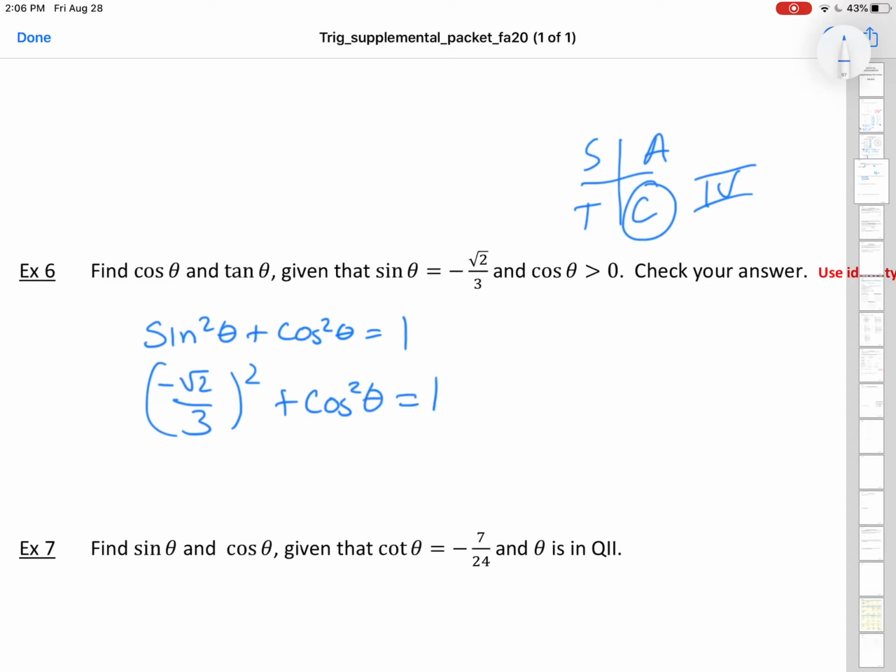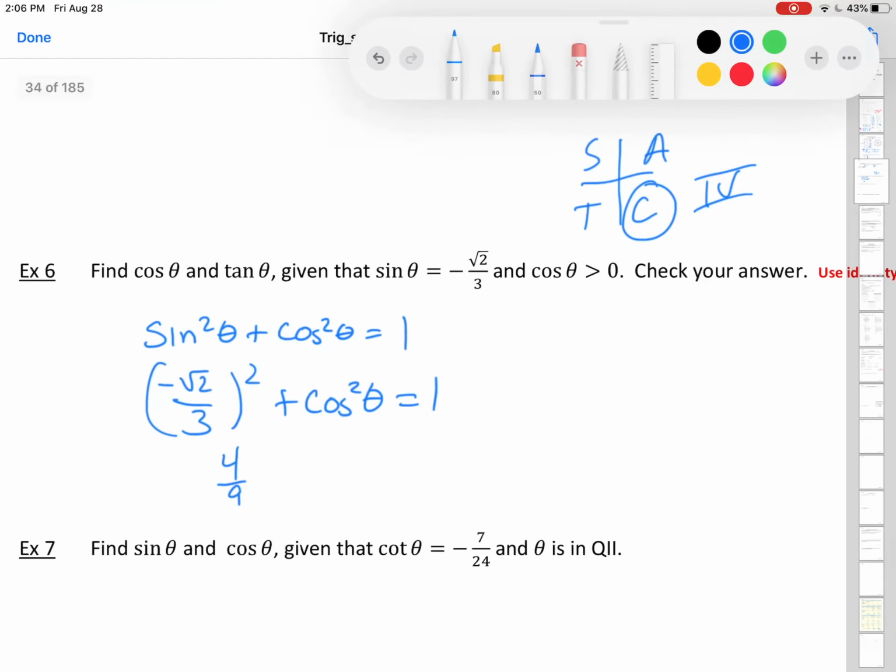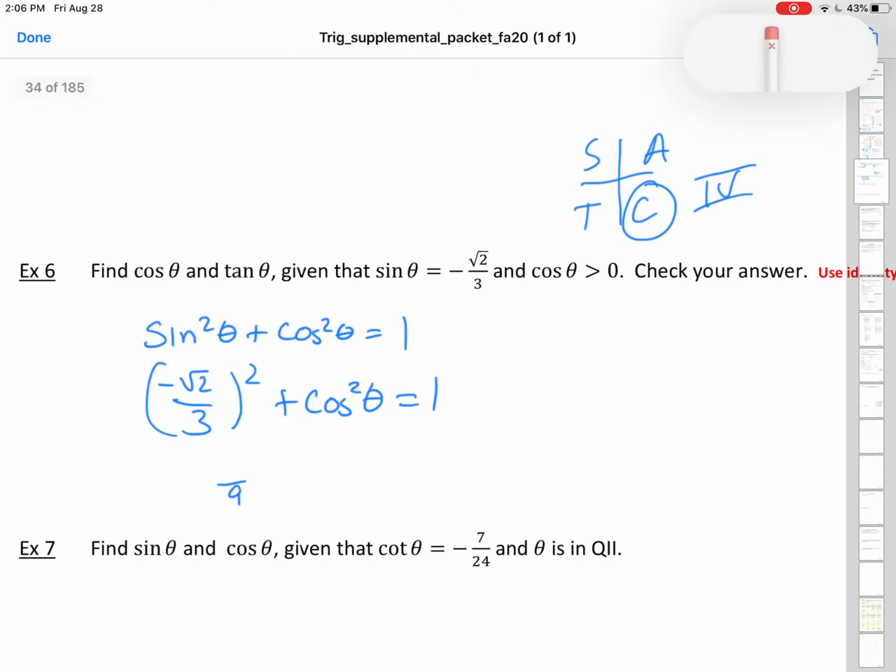If I square this, I'm going to get 2 ninths. Negative times negative is a positive, root 2 times root 2 is 2, 3 times 3 is 9. Plus cosine squared theta is equal to 1. So that means cosine squared theta is equal to 7 ninths.